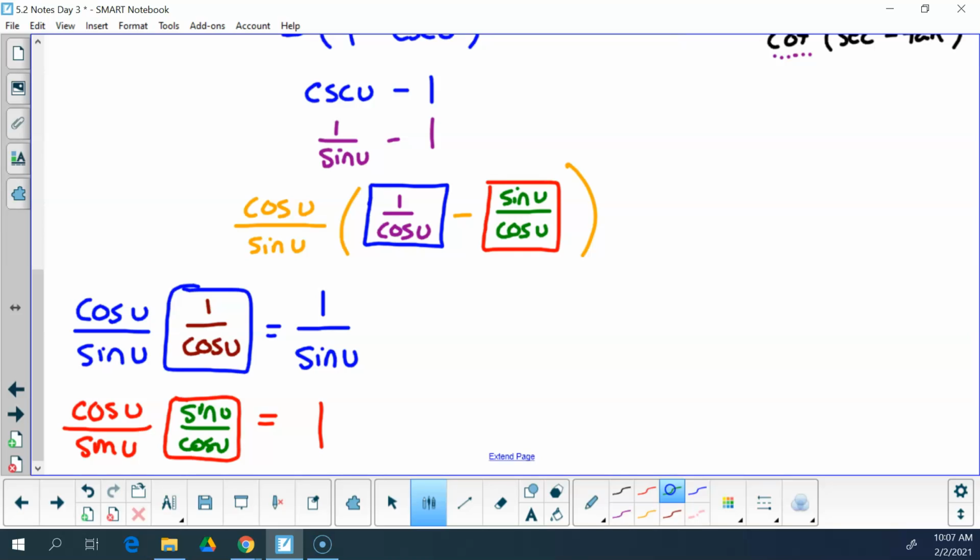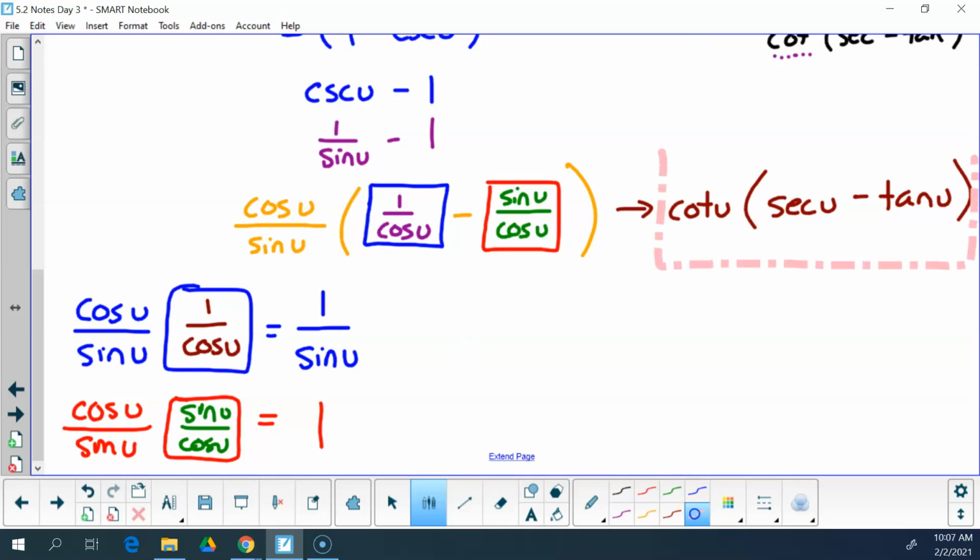Okay. Well, this then is cotangent secant minus tangent, which is what I needed it to be.